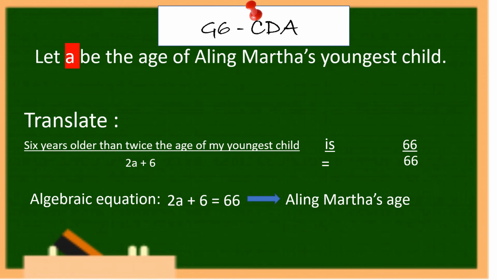Let A be the age of Aling Marta's youngest child. Translate. 6 years older than twice the age of my youngest child is or equals 66. So, an algebraic equation is 2a plus 6 equals 66.